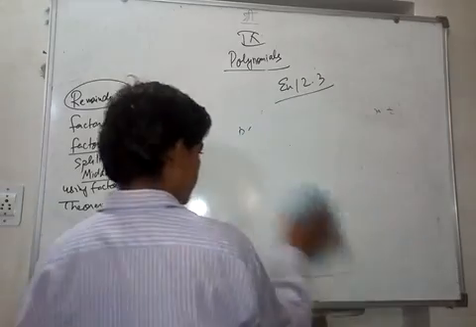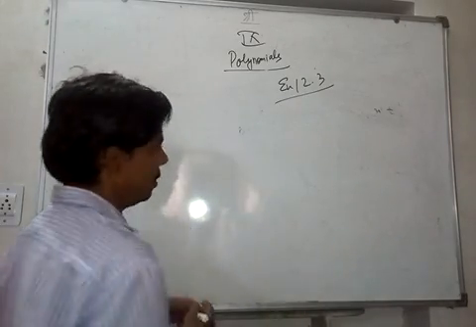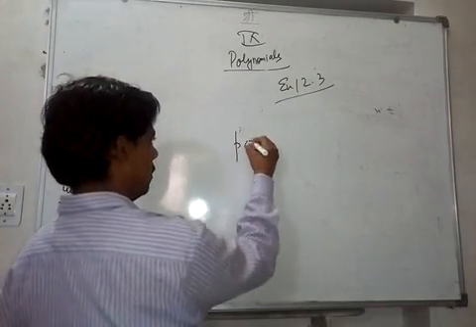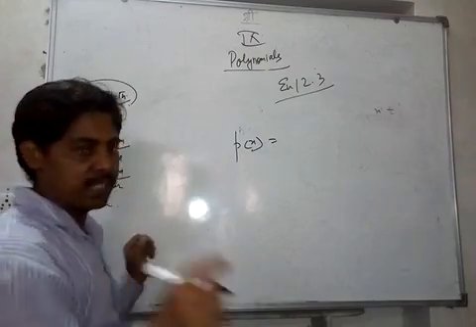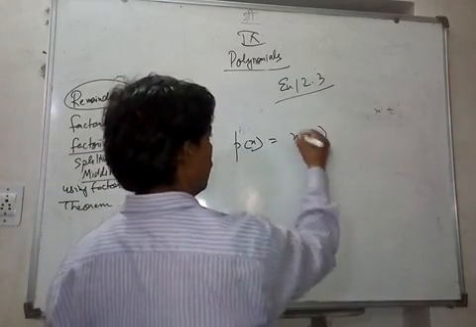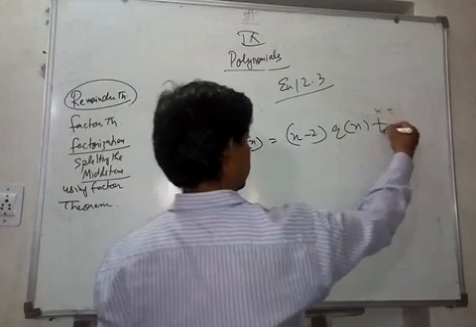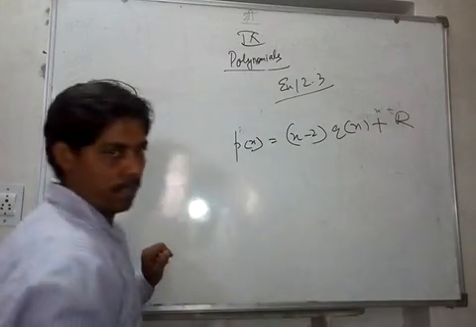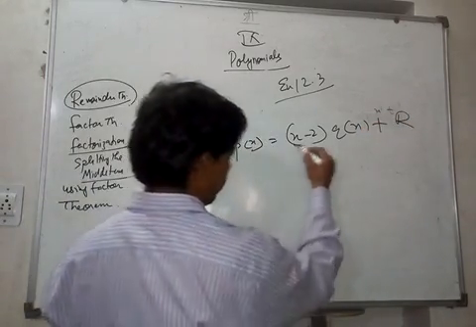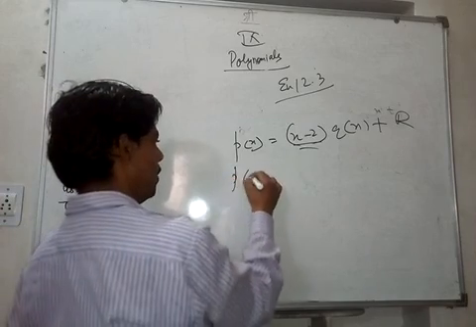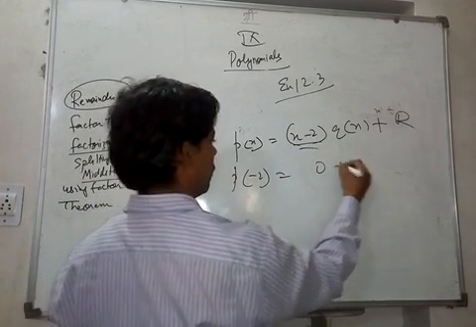So what I am saying is, suppose you apply this p(x), and you are dividing by x minus 2, you will get some quotient plus some remainder. Remainder will be constant. Now if I put 2, p of 2 is 0 plus r.